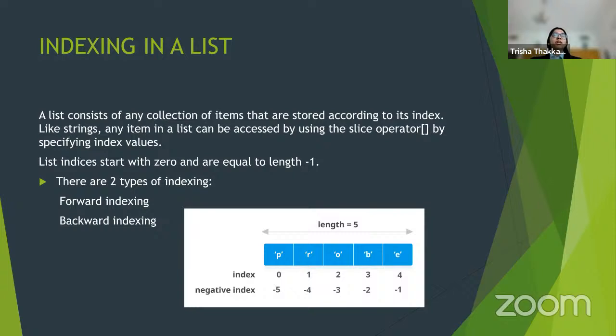These indices start with 0 and go up to the length minus 1, and similar to string indexing, these are also of two types. We have forward indexing and backward indexing. Forward indexing starts from 0 and goes up to the length of the list, and then backward indexing starts from -1.